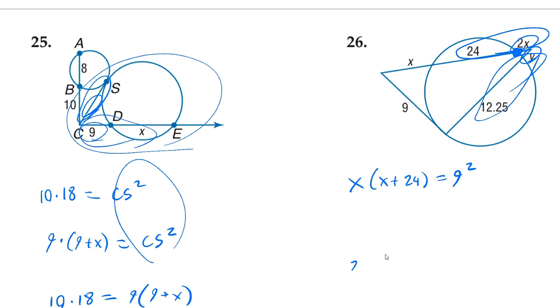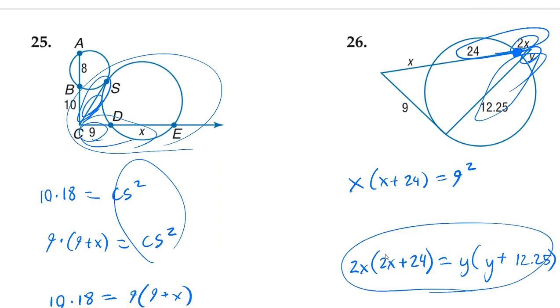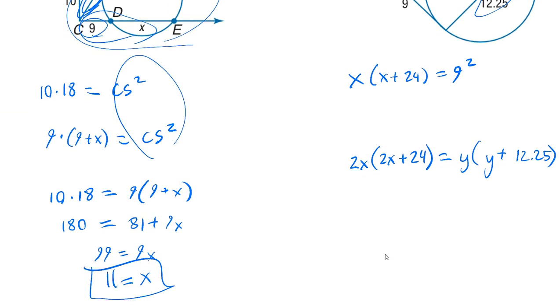So we get 2x times 2x plus 24 equals y times y plus 12.25. Okay, so we can't solve this yet because it's two variables in one equation, but we can solve the top one. So let's do it.